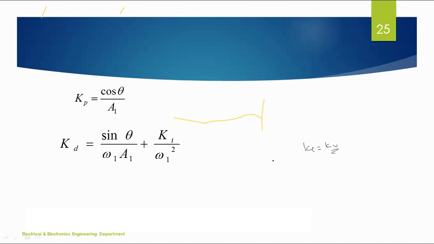After finding these values, we can frame the controller equation KP plus KI by S plus KDS. This is the PID controller transfer function.